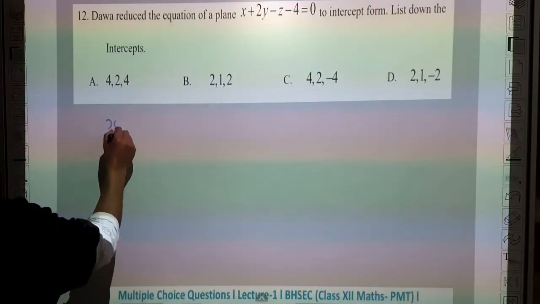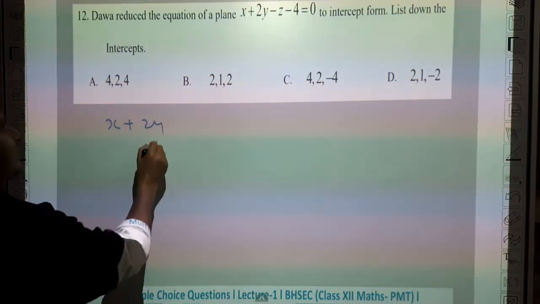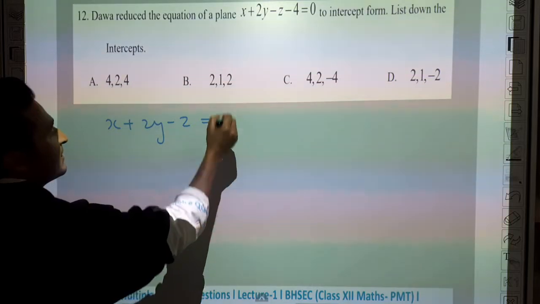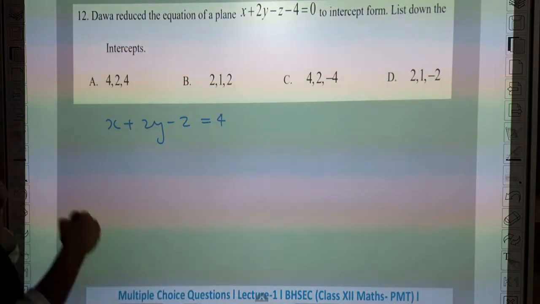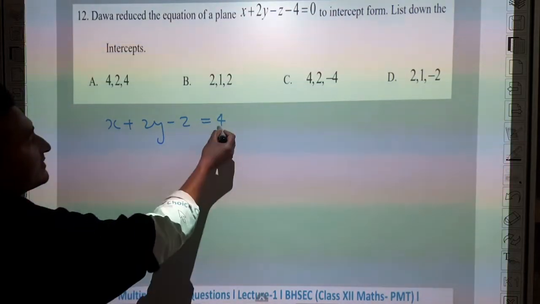So write the given equation, that is x plus 2y minus z, this 4, take it to the other side. So it is positive 4. Now to change to the intercept form, you divide throughout by this 4.